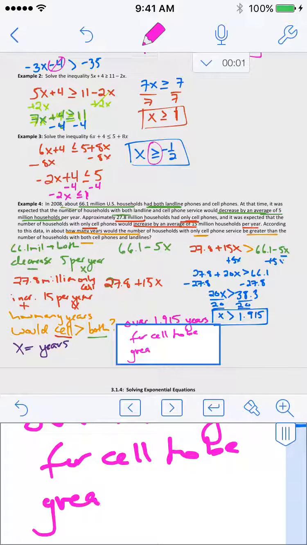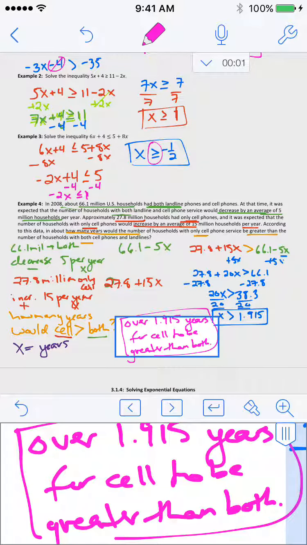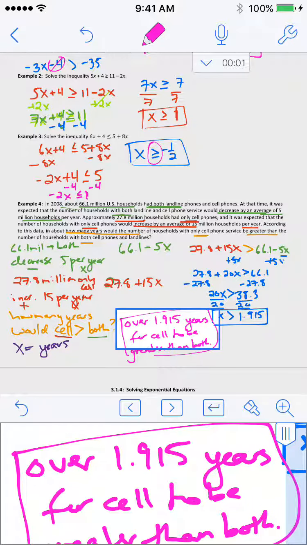Okay, and that would be our final answer. You probably could round that to 2. It'd say over 2 years for cell to be greater than both because it's so close to 2. But if you wanted to be super accurate, you'd say over 1.915 years. So at 1.916, they will be greater, right? And you can say that with certainty. And we've solved our equation.